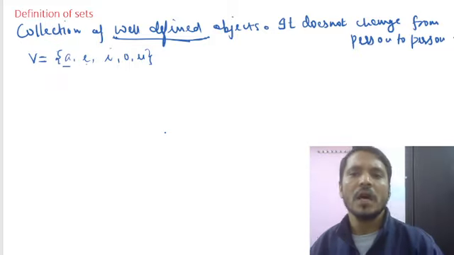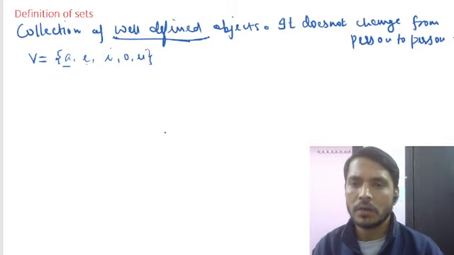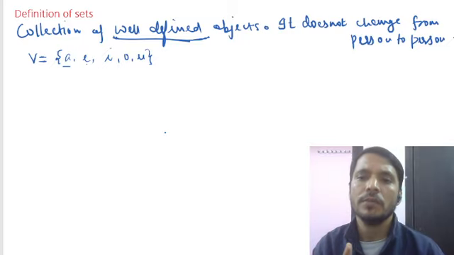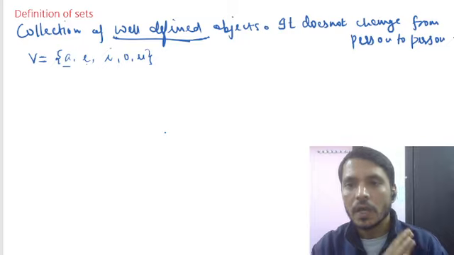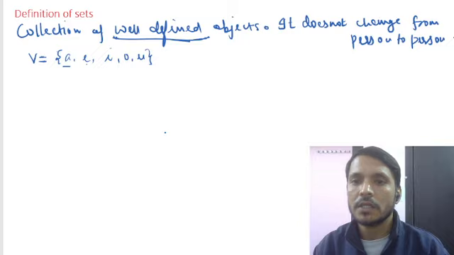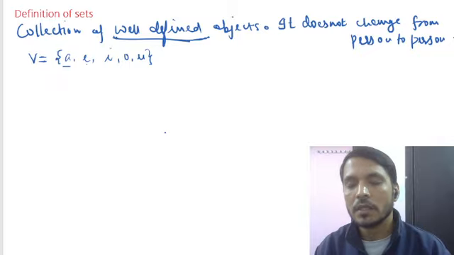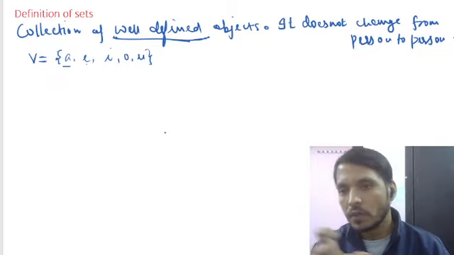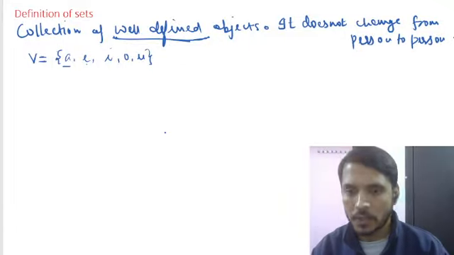If anybody is answering the letters for the vowels, will the answer be the same or not? Yes, it will be the same for everybody. So when the answer for any particular collection is the same for everybody, then this type of collection comes under the well-defined collection, and a well-defined collection is called a set. So a collection of well-defined objects is called a set, and it does not change from person to person.